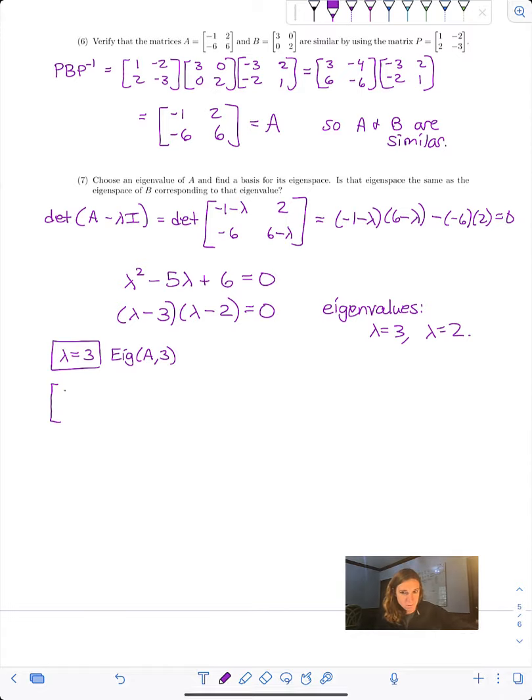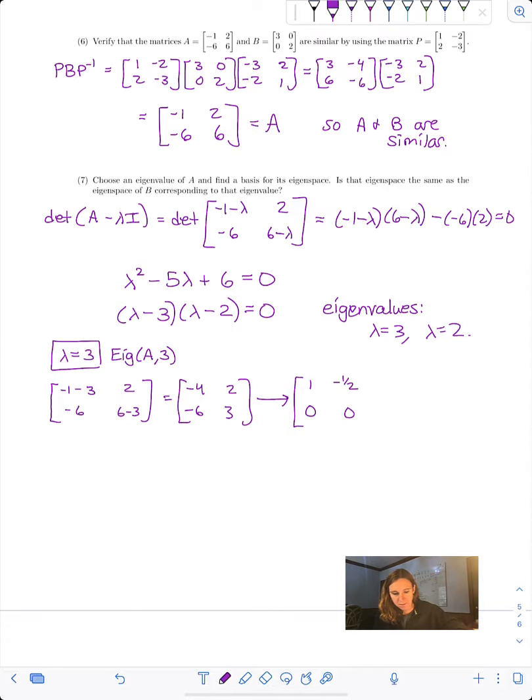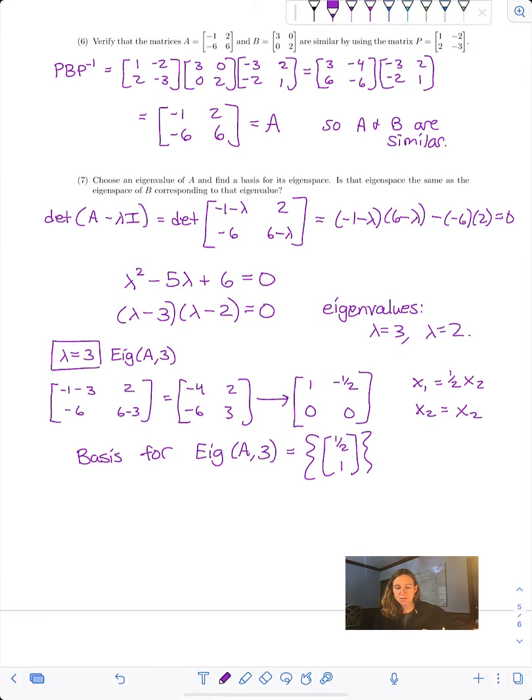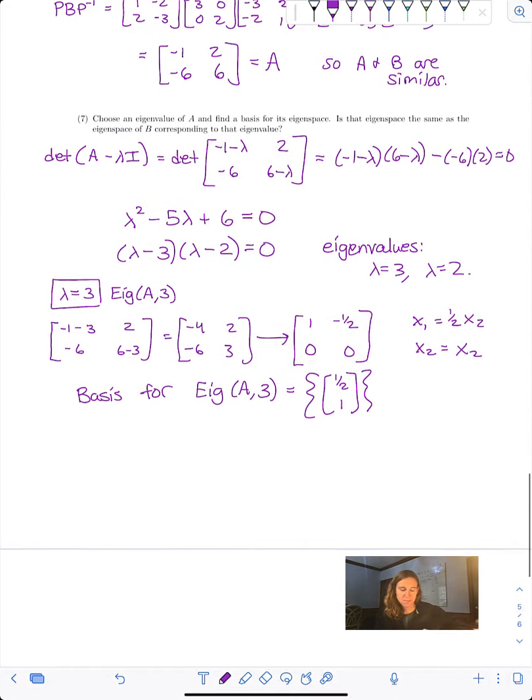So what we do is subtract that eigenvalue from the main diagonal, and then we row reduce that. When you do your row reduction, you should get 1, -1/2, 0, 0. And so x1 equals 1/2 x2, x2 equals x2. And so a basis for this eigenspace is (1/2, 1). I'm just using that parametric vector equation.